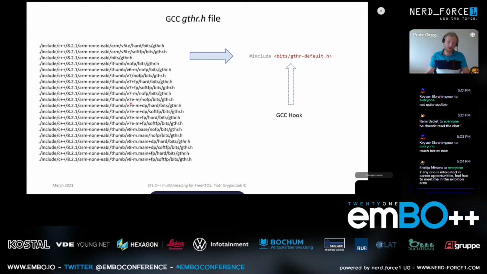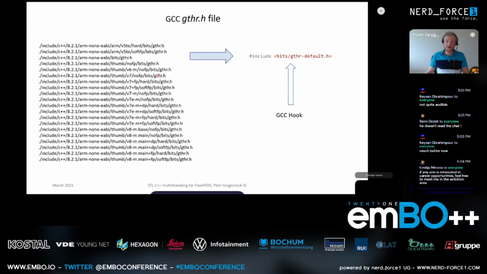When you compile your program, you have to pass a parameter to the compiler about your architecture, and depending on this architecture, the compiler will pick a different implementation of that file.